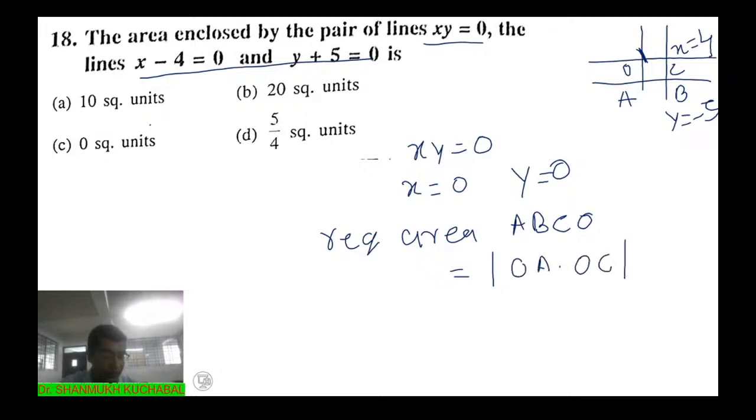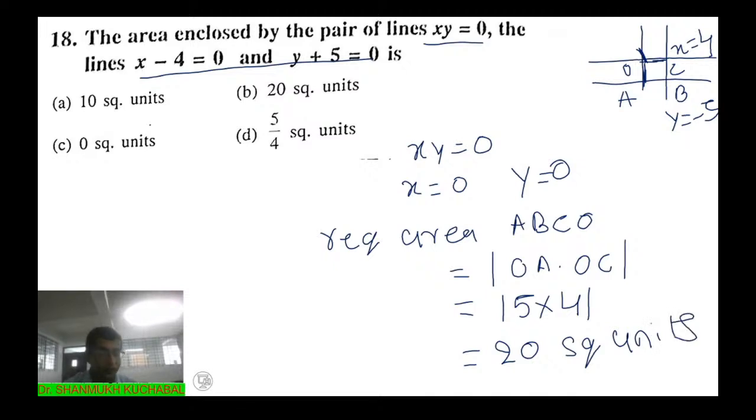OA, the length, is 5 units here. So y-axis 5 units, x-axis 4 units. So 5 is multiplied by 4, and we get 20 square units. Therefore, the right option is option B, 20 square units.